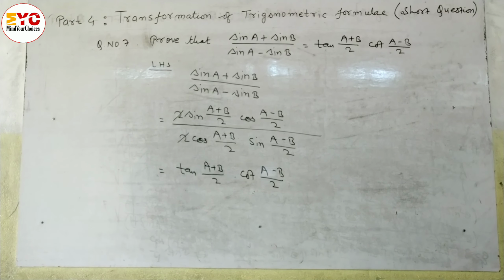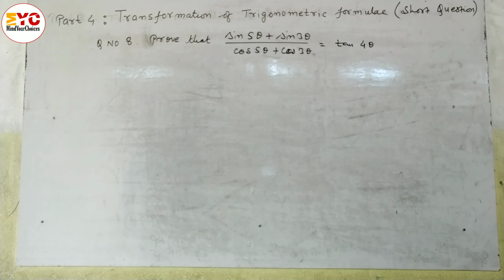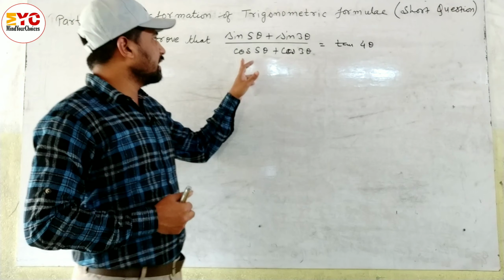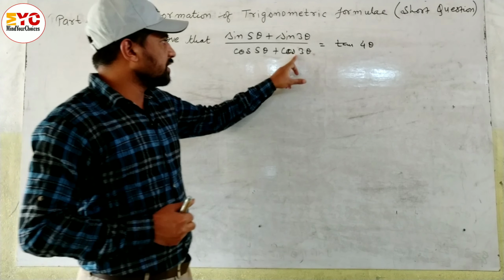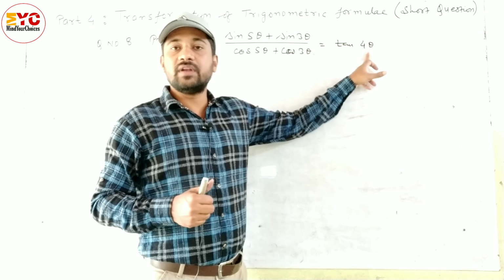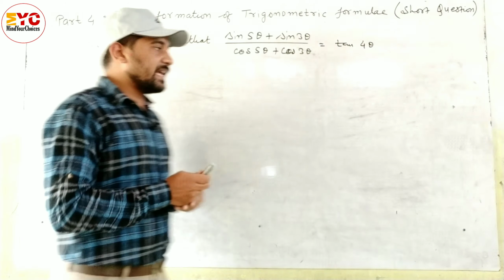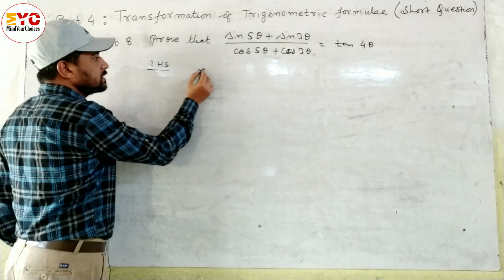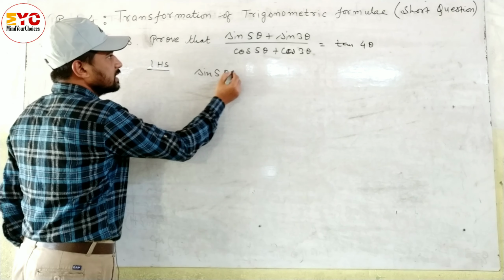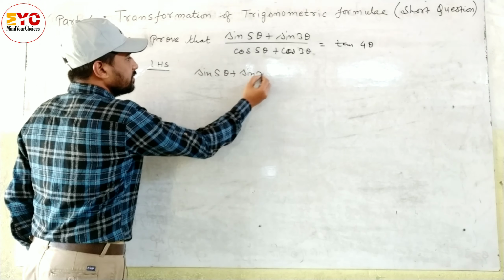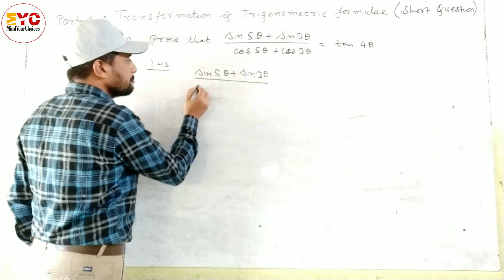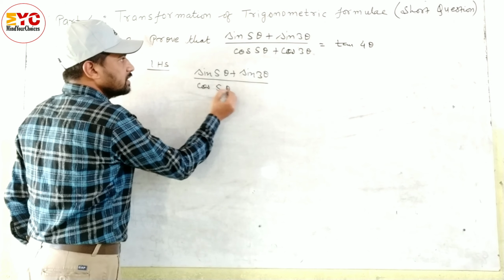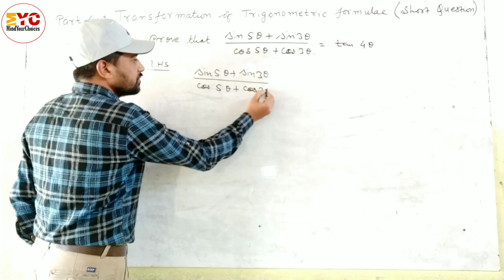You can see here, the next question is sine 5 theta plus sine 3 theta by cos 5 theta plus cos 3 theta is equal to tan 4 theta, we have to prove. So take LHS: sine 5 theta plus sine 3 theta by cos 5 theta plus cos 3 theta.